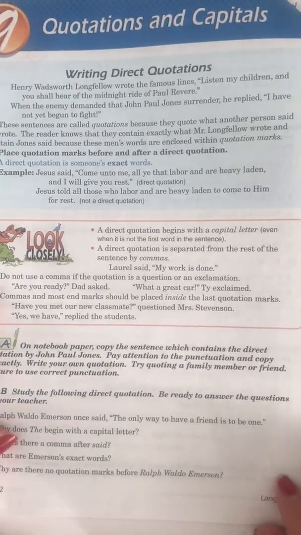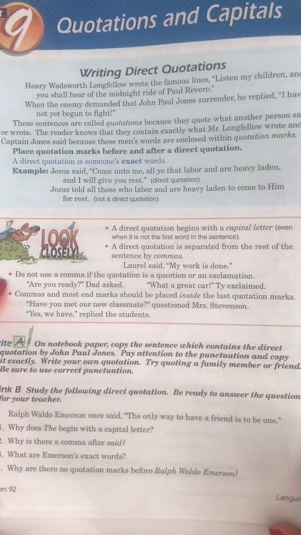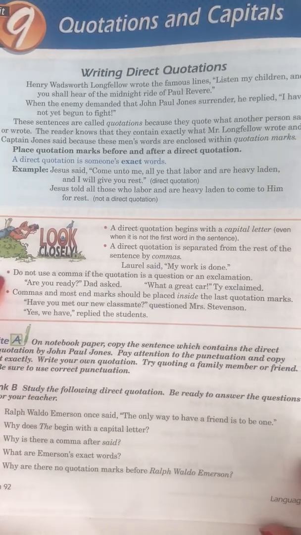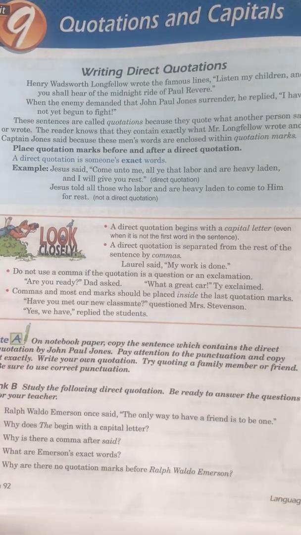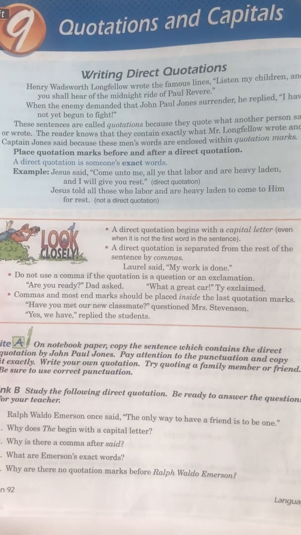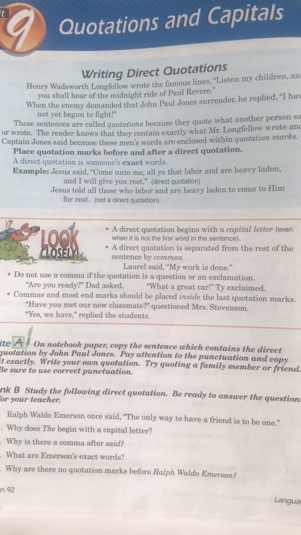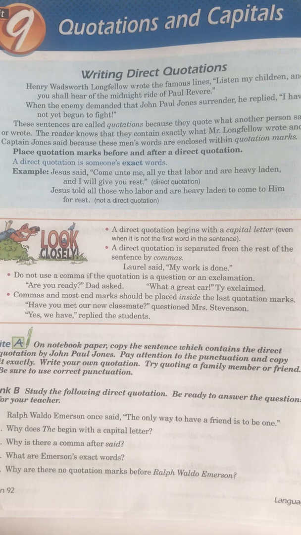Here for Look Closely, and I always like these because you get some extra tips. So don't skip over the Look Closely sections because I feel like they're really helpful when doing the writing exercises. So it says, a direct quotation begins with a capital letter, even when it is not the first word in the sentence.